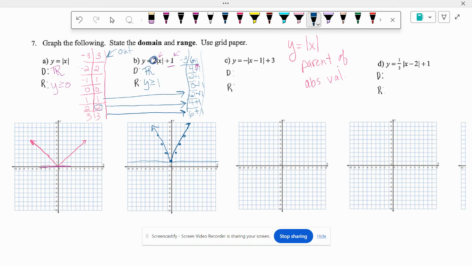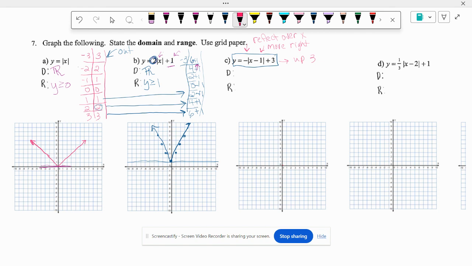Okay, I'm going to talk you through these quickly because my computer is going to die and I need to go find my cord. So next one, this is going to reflect over the x-axis. This is going to move you to the right, and this is going to move you up 3.